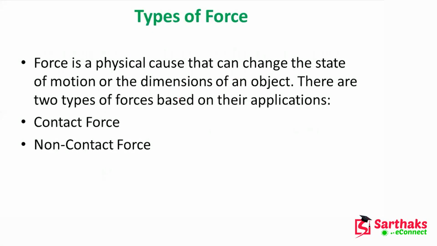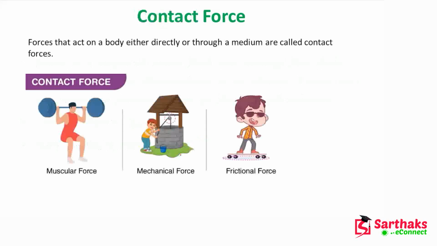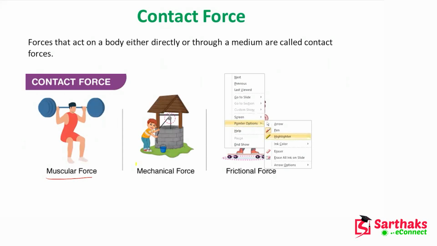Now types of forces. Here in the types of forces we have two types. One is contact force, another is non-contact force. Contact force means I am applying with my hand. And non-contact force means I am not applying with my hand. The force will be applied, but how? Without any contact, right? So here you can see the contact forces.